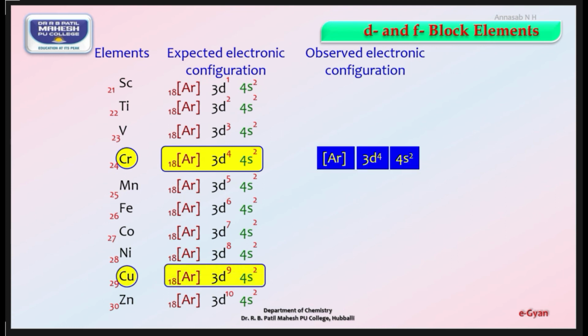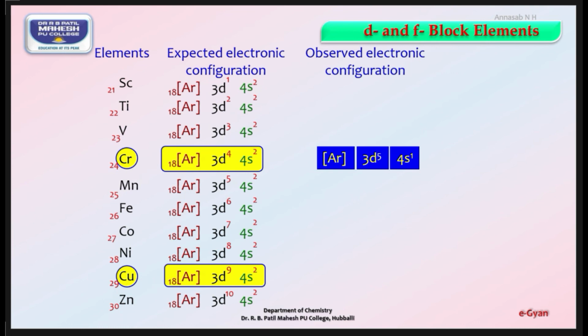These show the electronic configuration as, instead of 3d4 4s2, one electron is transferred to the 3d and 3d becomes half filled. 3d5 4s1 is the correct electronic configuration for chromium.